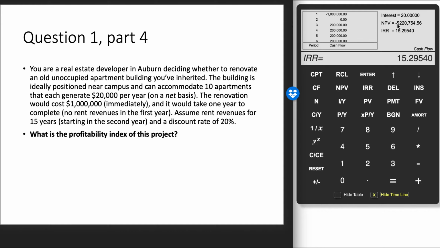Now, what that tells me is that I know the initial cost is $1 million. And because I know the NPV, I can easily back out what the present value of the cash inflows is. And that's going to be $1 million minus 220,755.